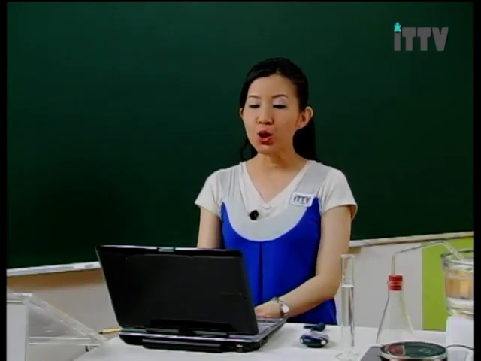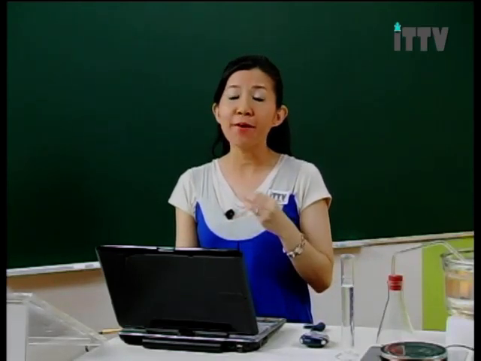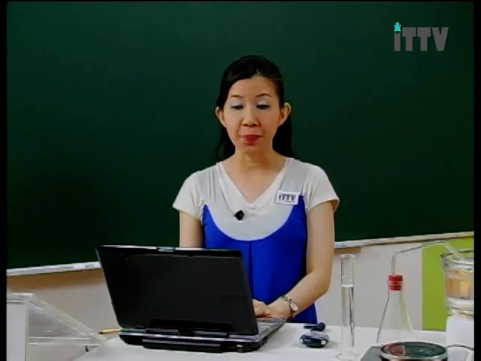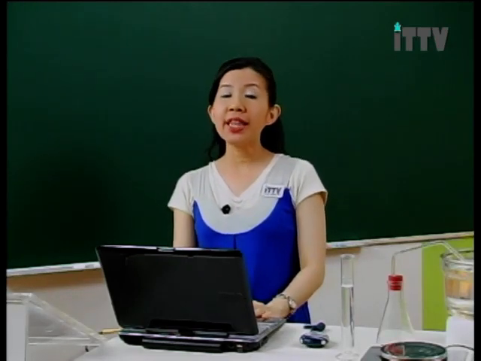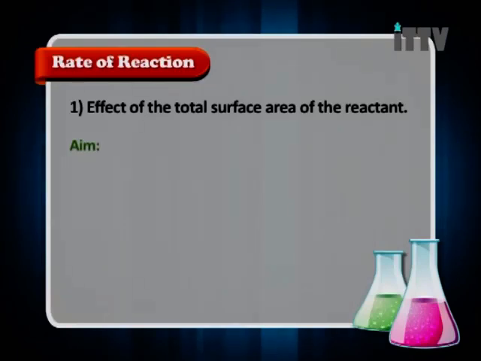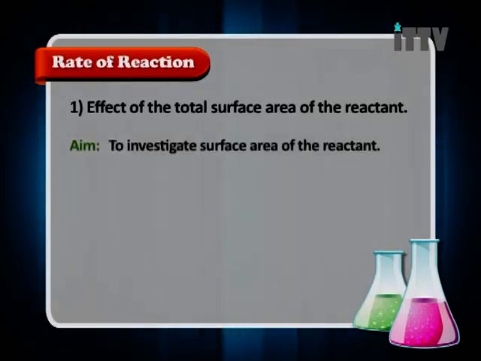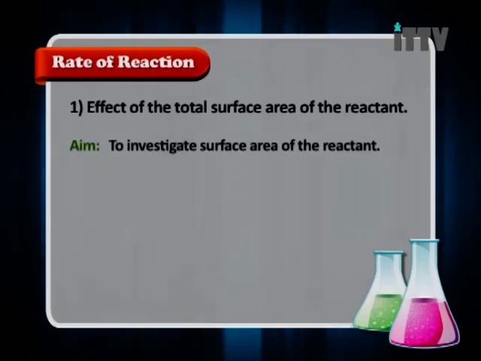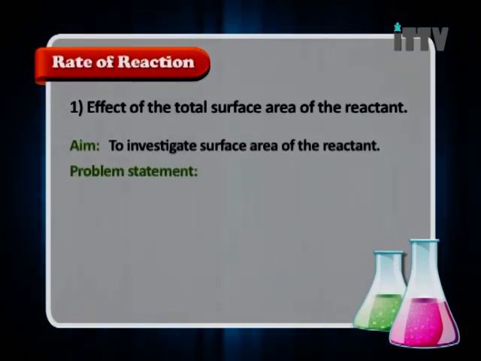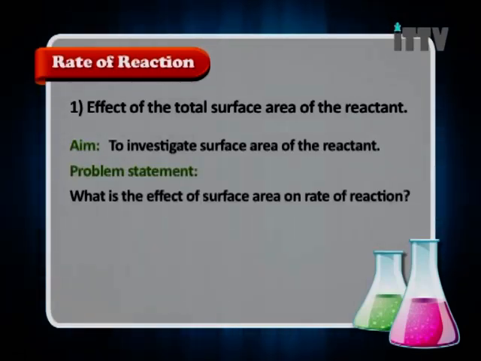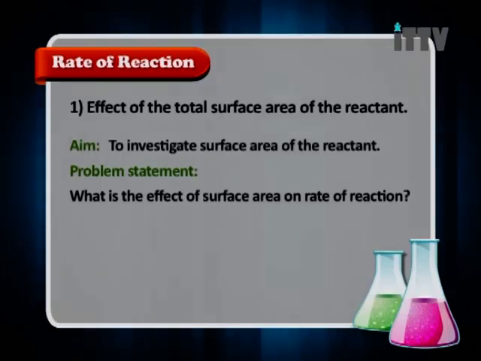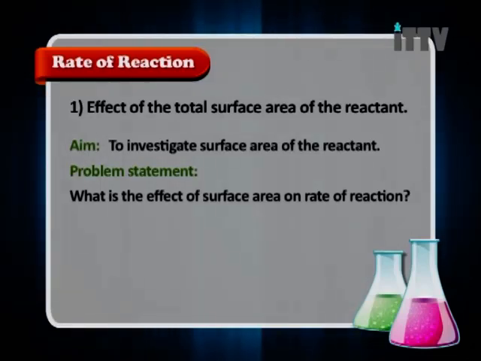Let's move on to show how these factors affect the rate of reaction. We start off with a simple experiment. The aim of this experiment is to investigate the surface area of a reactant. And the problem statement would be, what is the effect of surface area on the rate of reaction?